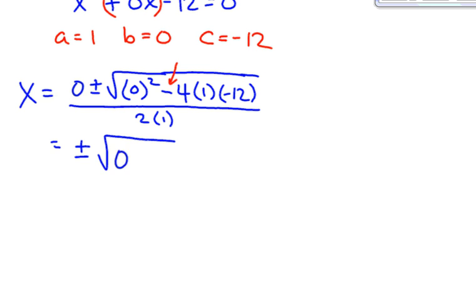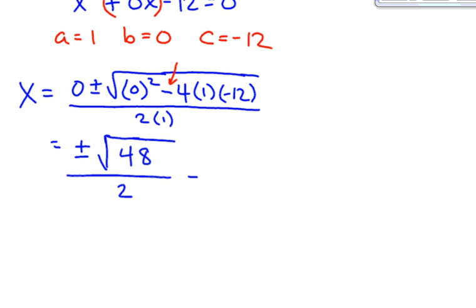And actually, I don't have to write the 0 here. Okay, so then the negative 4 times 1 times negative 12 will end up being positive 48 divided by 2. Now remember, you cannot just divide this 48 by 2 because the 2 is not inside a radical and the 48 is.